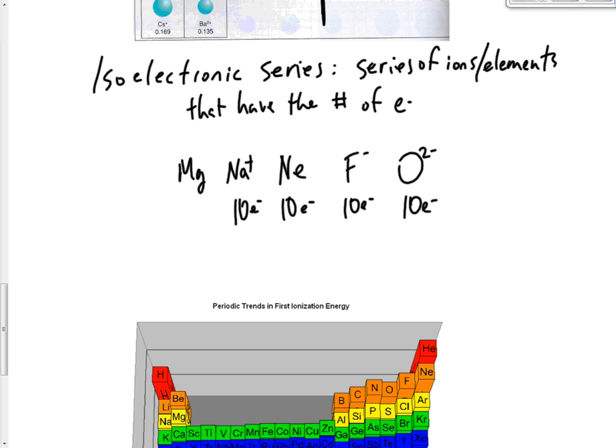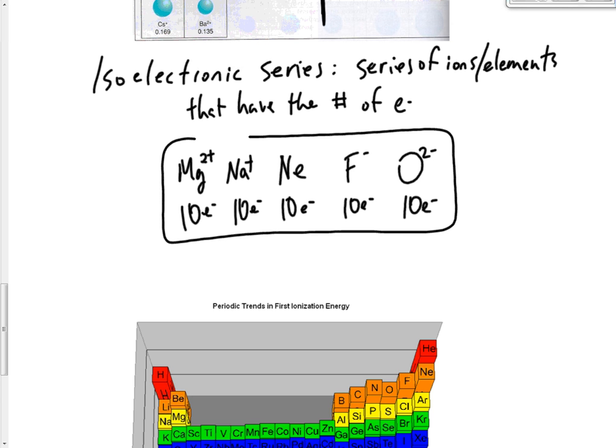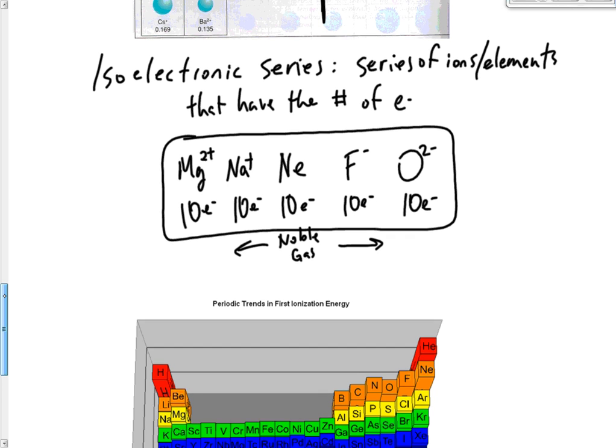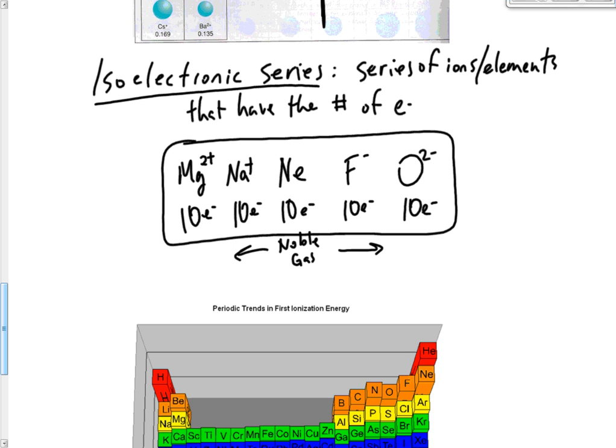Magnesium has 12 electrons, but when you make it into its ion, take 2 of them away, now it has 10 electrons. So all of these have 10 electrons. The easiest thing to do is to find one noble gas and then go 2 to the right and 2 to the left. Find 2 positives and 2 negatives that are right next to each other. That is an isoelectronic series.